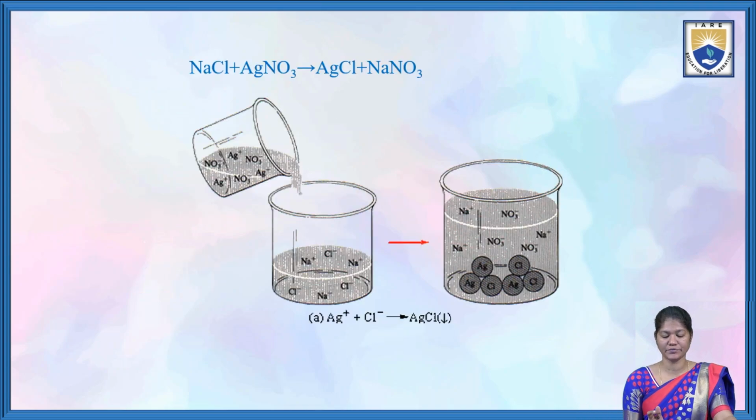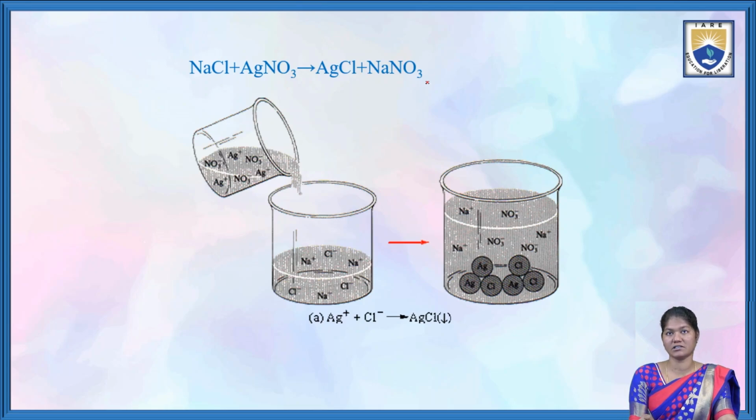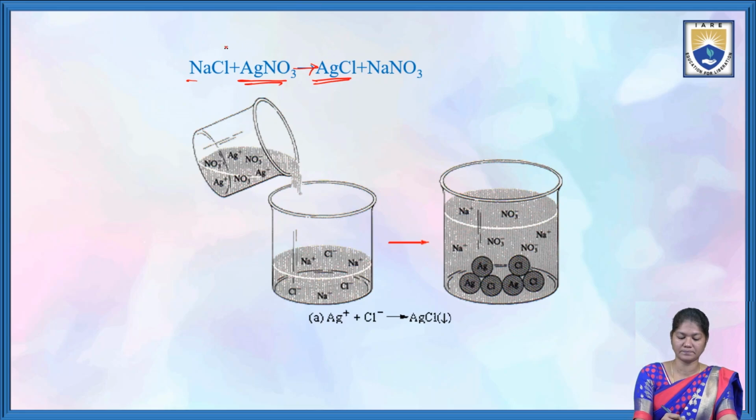So this is the diagram where we can see the precipitation reaction. Taking sodium chloride and mixing it with AgNO3, silver nitrate. This is sodium chloride and this is silver nitrate.